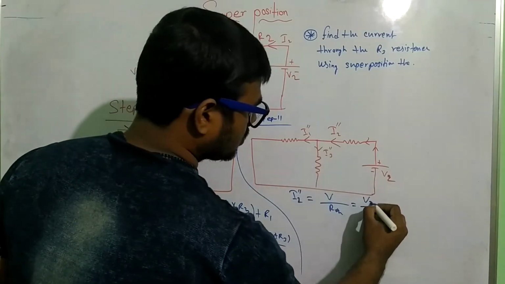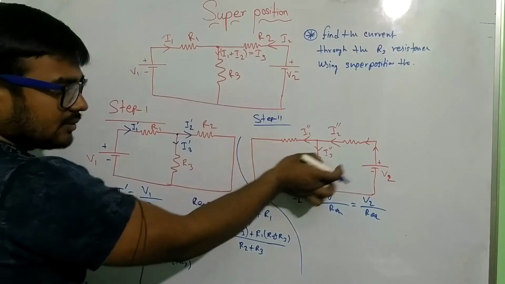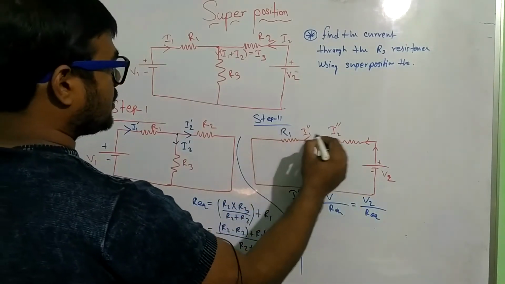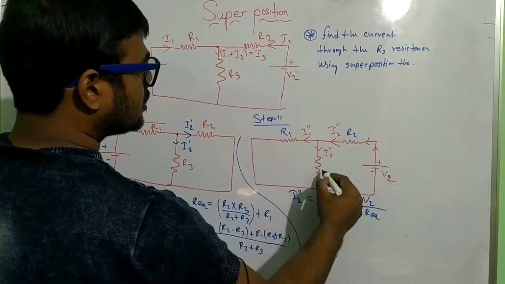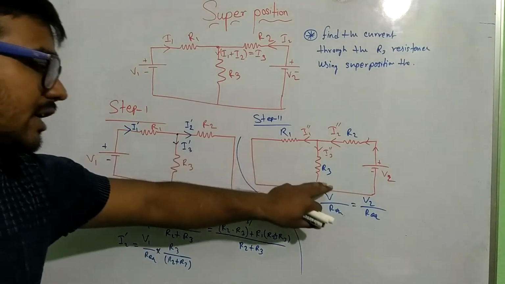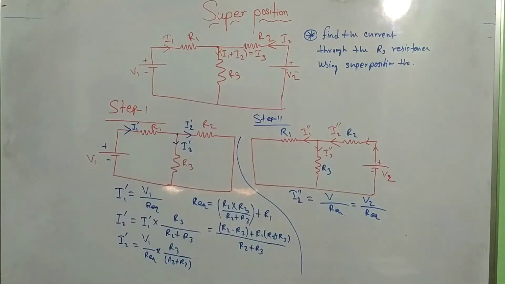Here V is V2, and R equivalent means these two are parallel, in series with this. So R1, R2, R3. R1 and R3 are parallel, in series with R2.